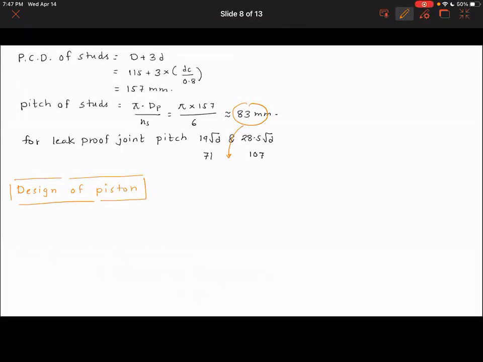And I just want to emphasize the complexities of the piston design. So if you look at the cross section of the piston, you will observe that you have some grooves for piston rings. Then you have additional groove for the oil ring. Then this piston is going to be symmetric. This is the center line of the piston.